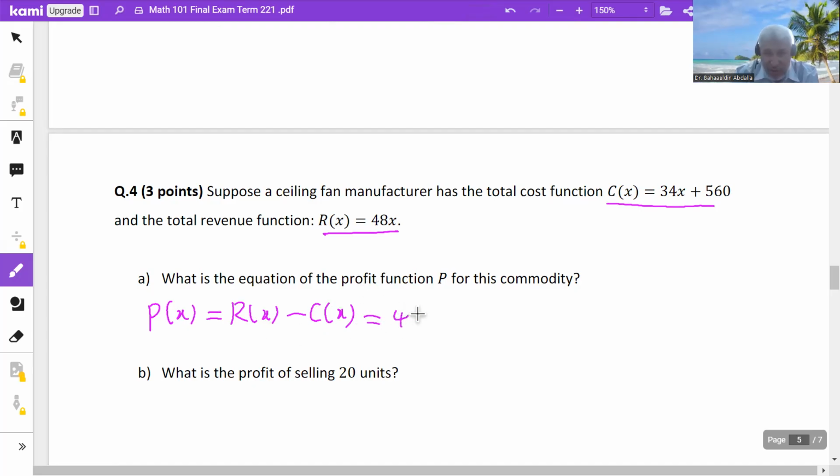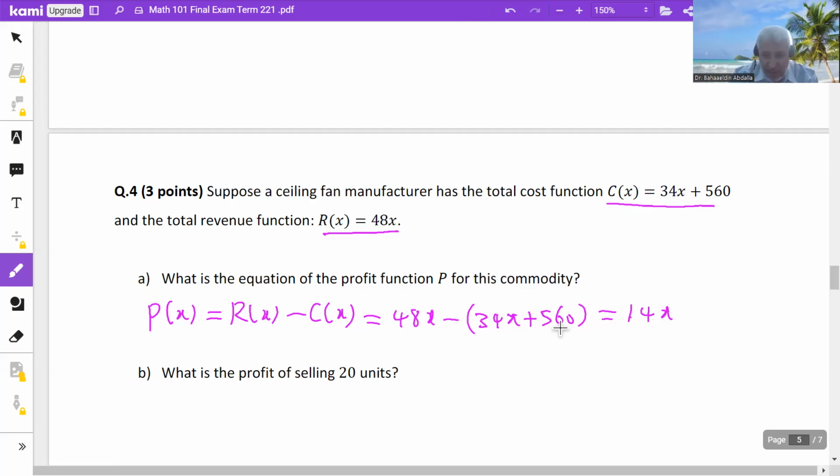So the revenue is 48x. And don't forget that there are two terms in the definition of C, so you need to put parentheses here. So 48x minus 34x, if you subtract 48 minus 34, this would be 14x.